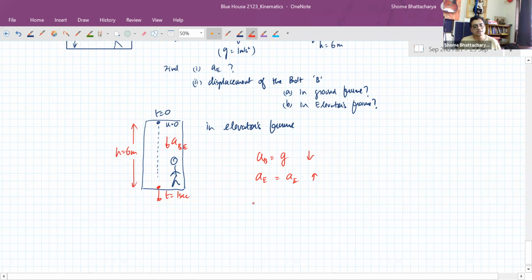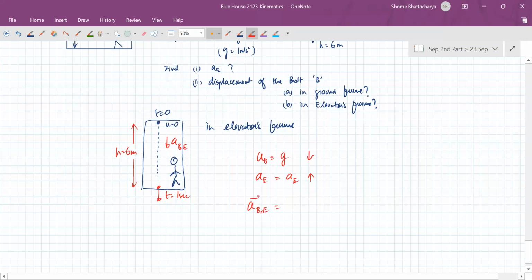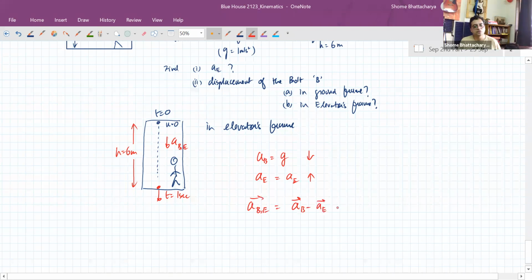Okay. So what is the acceleration, sorry, AE downwards. Oh yeah, it is AE upwards. So what is the acceleration of the bolt with respect to the elevator? Okay. It is acceleration of the bolt minus acceleration of the elevator. So it will actually become g plus AE downwards. When I do it vector wise now, you can see.